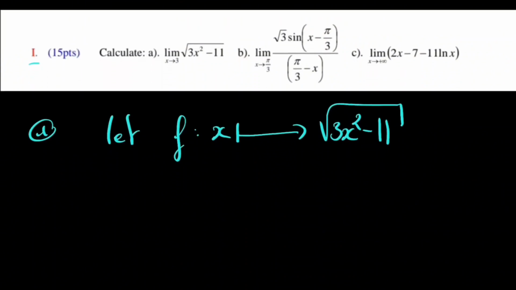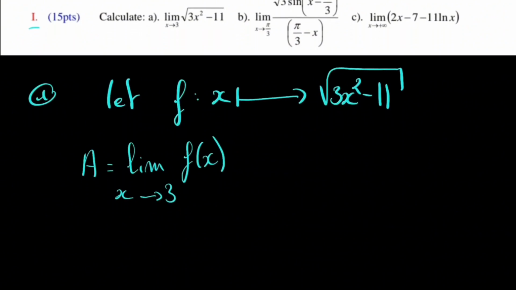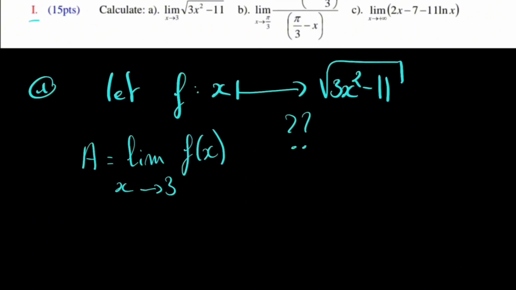So we're going to try to compute a, equal to the limit when x tends to 3 of f of x. Okay, what is the question that we want to ask immediately?